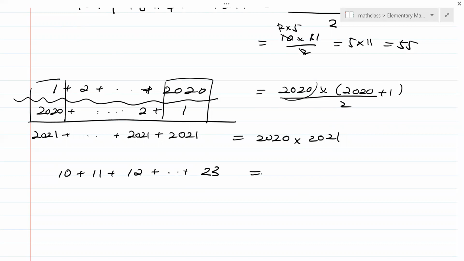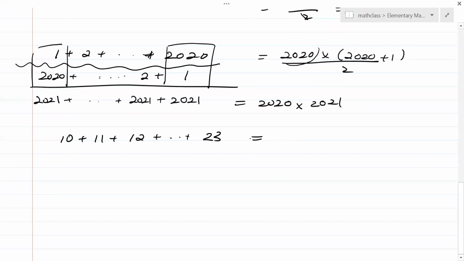How many numbers here? 14 or 13? How do you count? You cannot do the subtraction 23 minus 10. That's a common mistake. 23 minus 10 is not going to be the number of the terms. It must be 23 minus 9, which is 14.